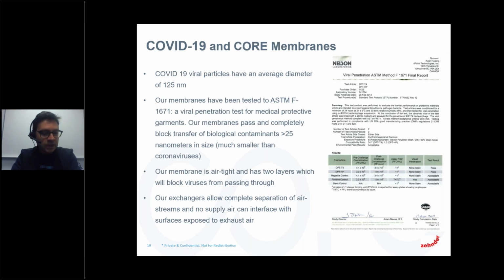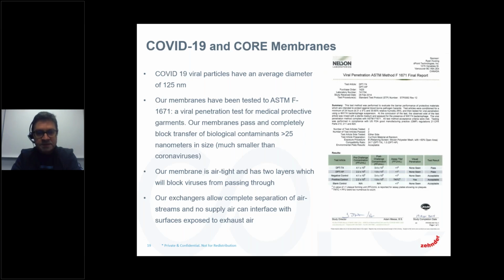What we had done at the time was to send the membrane for a test that is used for medical garments. This is a test of whether viruses can penetrate and pass through a material.